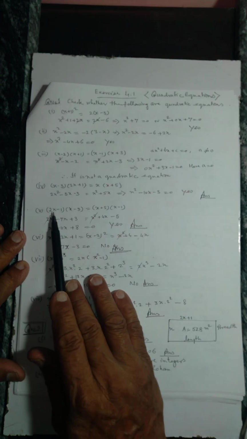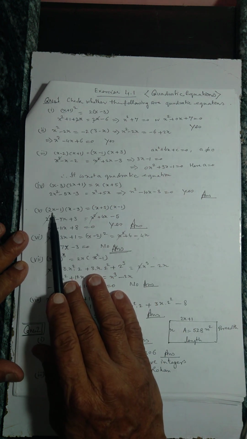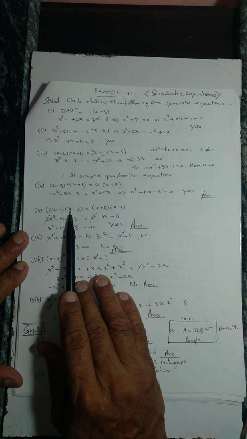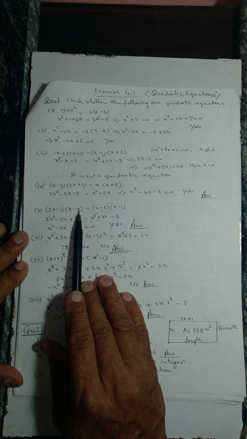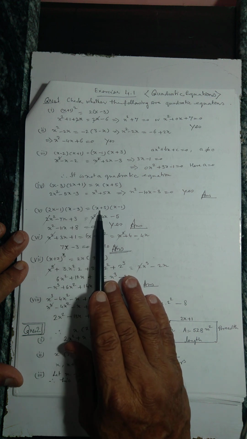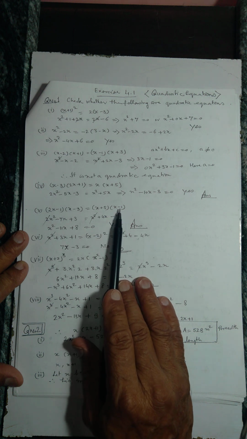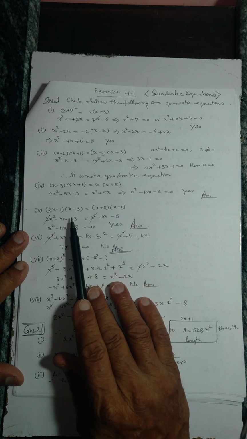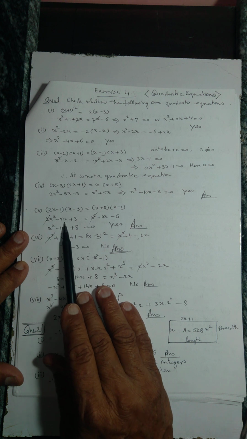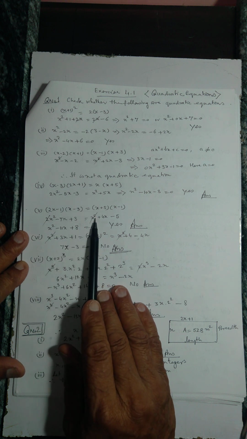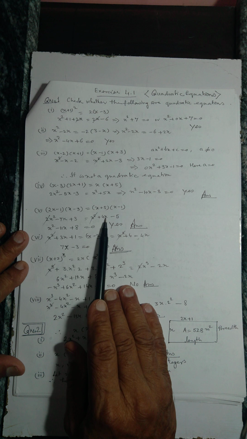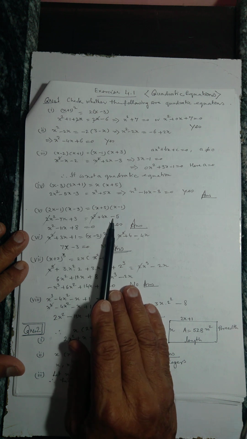Yes. Now the fifth part, (2x minus 1) into (x minus 3). On the right hand side, (x plus 5) into (x minus 1). Multiply these two, you will get 2x square minus 7x plus 3. Here you will get x square plus 4x minus 5.